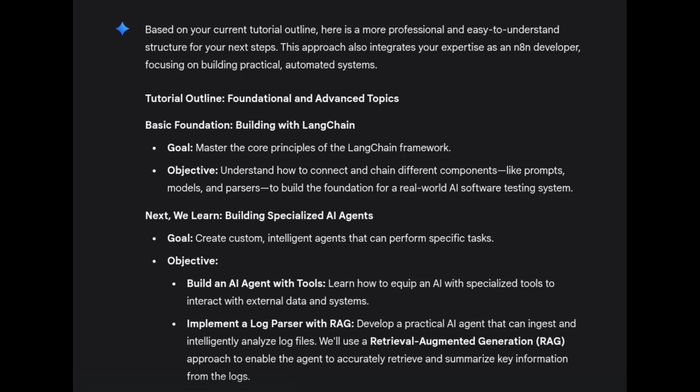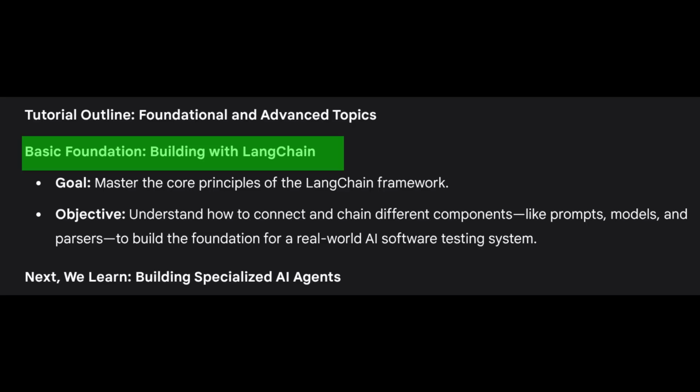Based on your current tutorial outline, here is a more professional and easy to understand structure for your next steps. This approach also integrates your expertise as an n8n developer, focusing on building practical, automated systems. Tutorial outline: foundational and advanced topics.